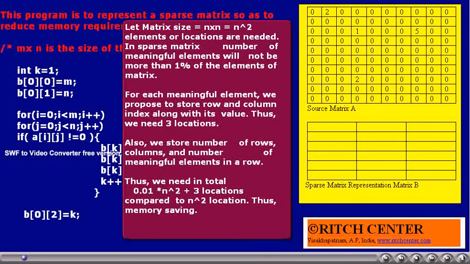Thus, totally with 3n plus 3 memory locations, we can store the sparse matrix elements information. Once we have this, if we require, the matrix can be generated from this representation. That is, this is a reversible transformation.